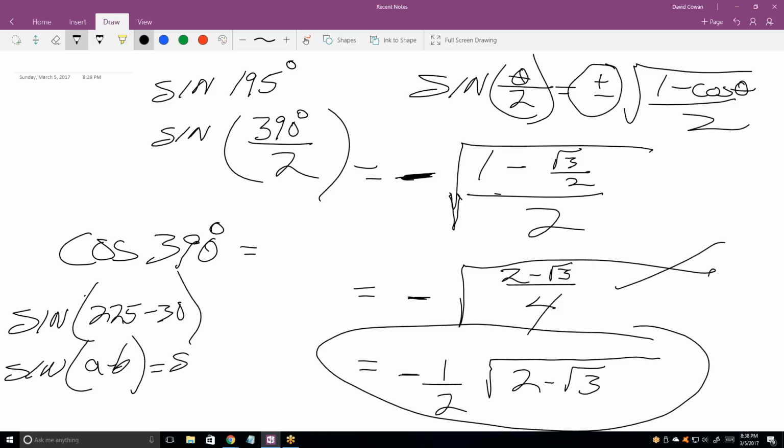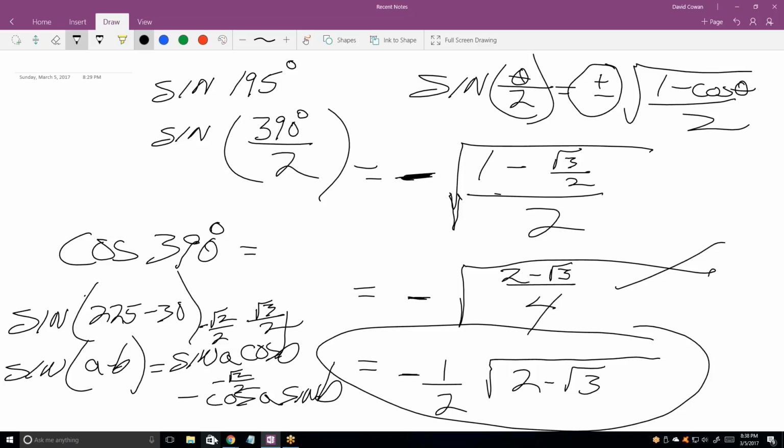Sine of A times cosine of B minus cosine of A times sine of B. Which is negative root 2 over 2 for the sine of 225, times the cosine of 30, which is root 3 over 2, minus the cosine of 225, which is minus root 2 over 2, times the sine of 30, which is 1/2.